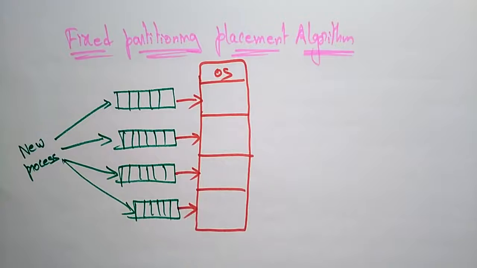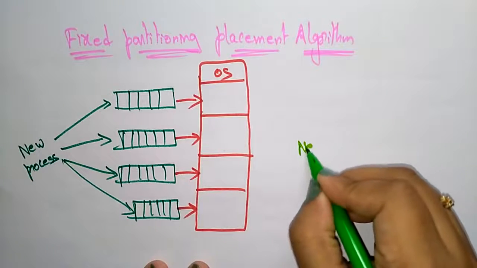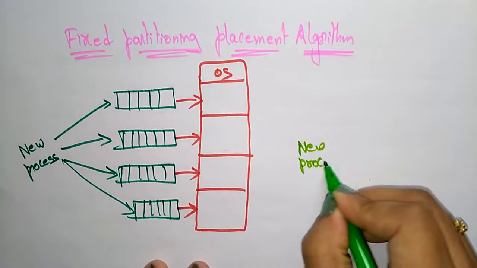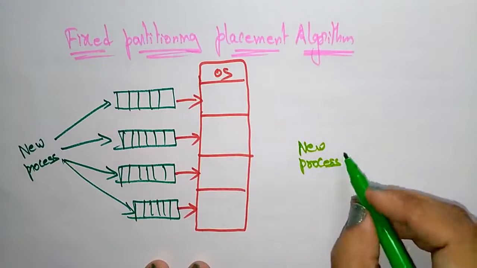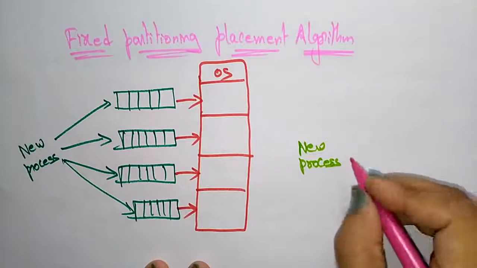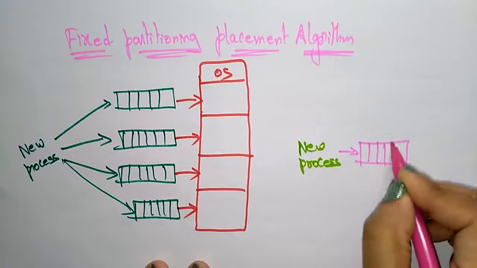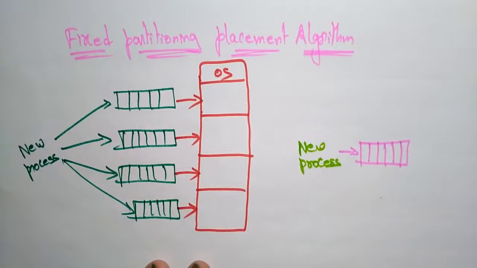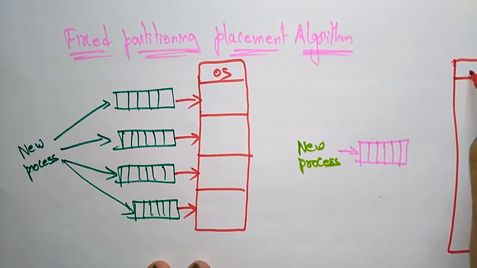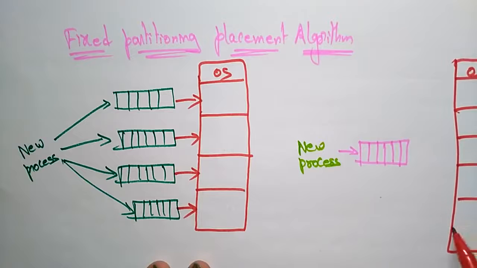If you take a single queue, let me draw that also. For the new process, you are taking only a single queue. This single queue serves all the partitions.